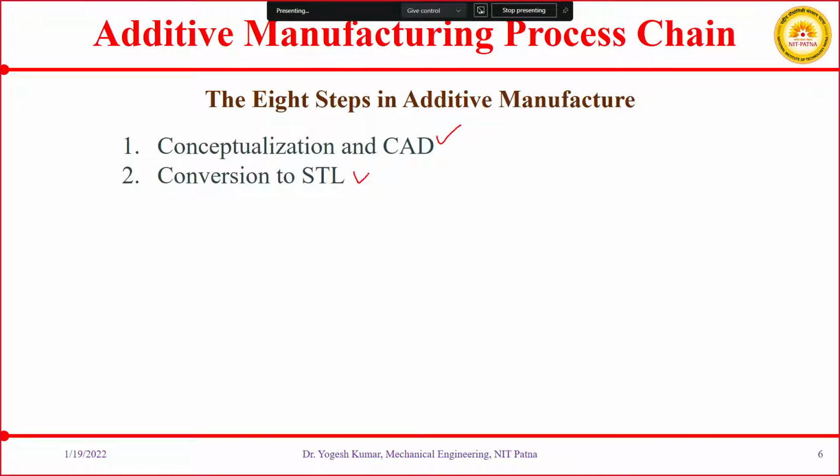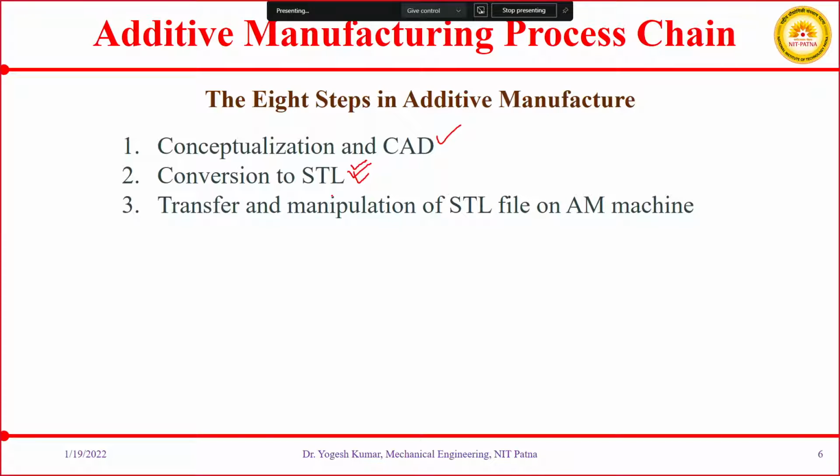Nowadays they are accepting other file extensions too, but let us continue with STL, as the conventional 3D printers all accept the STL file format. So using that particular solid modeling software, you have to convert the model of your part into STL format.